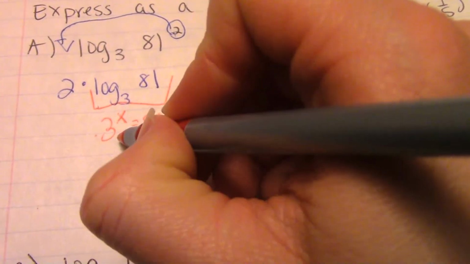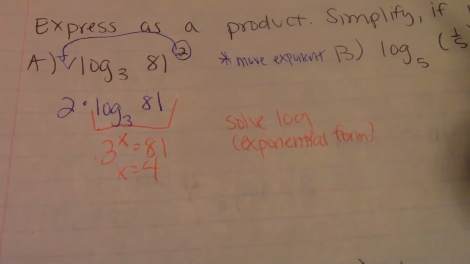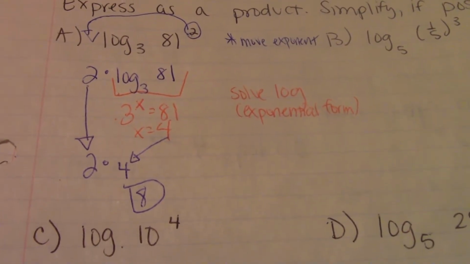So x equals 4. Now you're going to take this 2 from up here and bring it down. 2 times this 4. 2 times 4 makes 8. So 8 is the final answer.